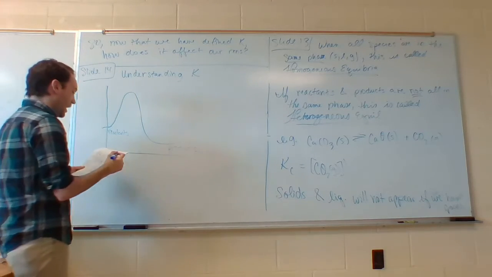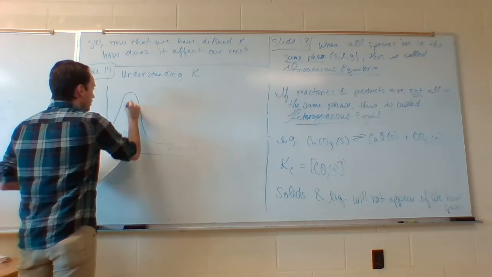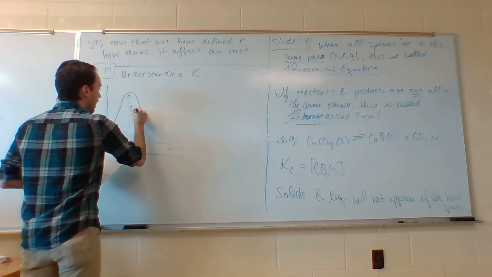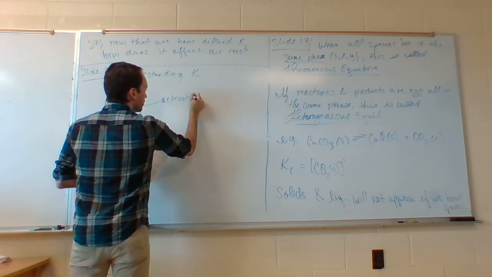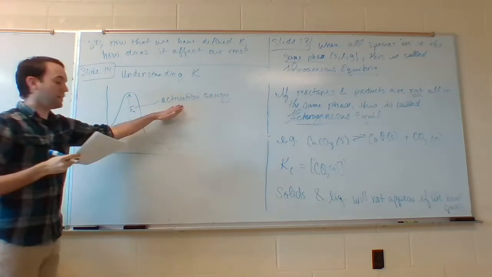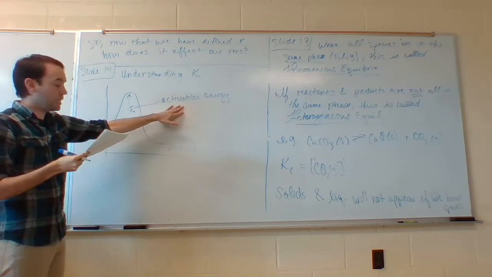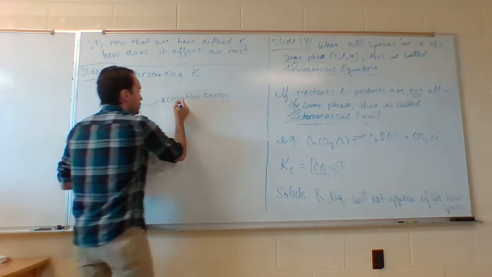We had an activation energy, that was our EA. And remember that our activation energy was that energy required to go over that hump.